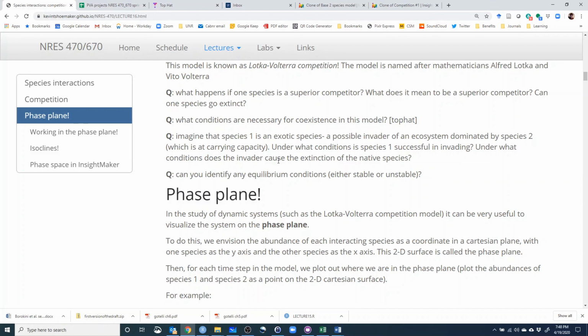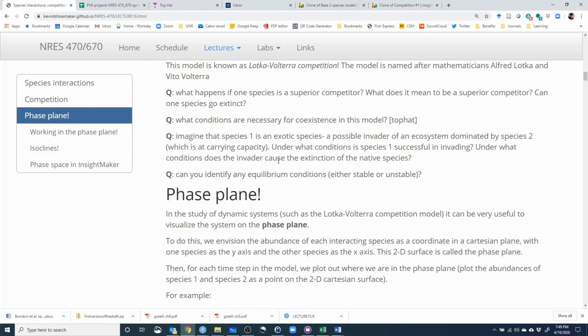So just make it like 2 or something like that. Very low abundance for species 1, and species 2 put at carrying capacity. Under what conditions is species 1 successful in invading this ecosystem? Can you identify a scenario where species 1 is successful in invading the system? And can you identify another scenario where species 1 is unsuccessful in invading the system?